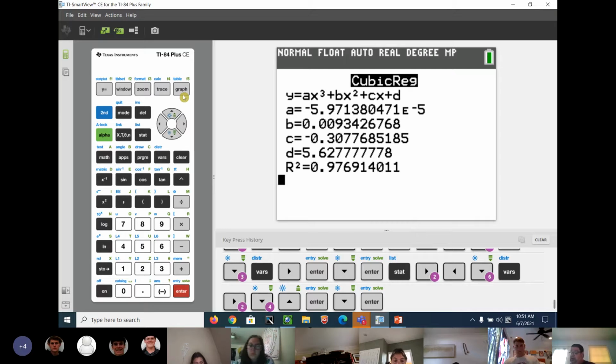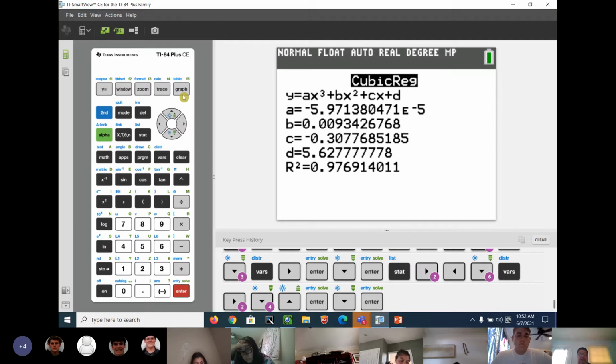That would be y is equal to negative 0.0000597138 x cubed plus 0.00934 x squared minus 0.30777 x plus 5.63.